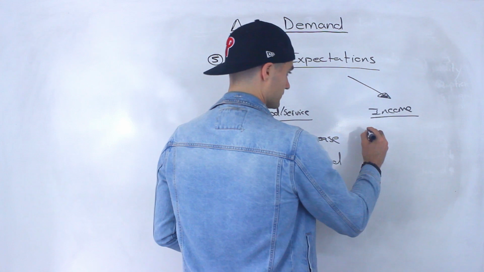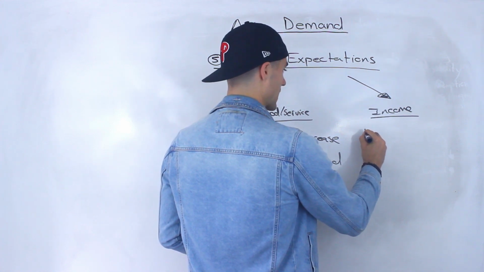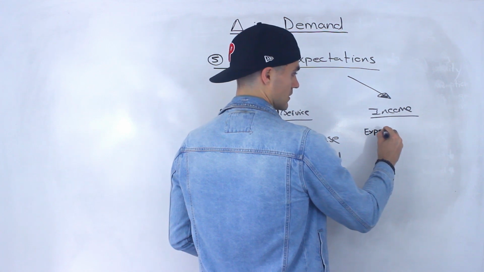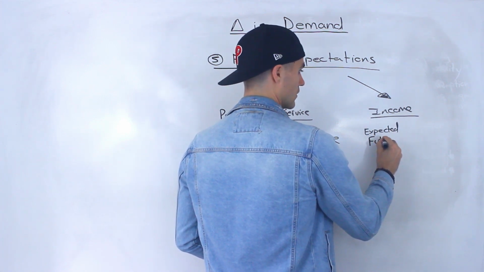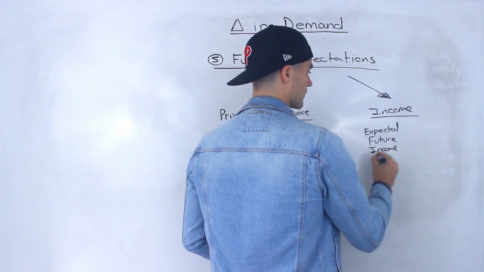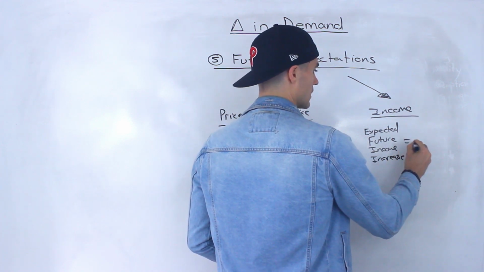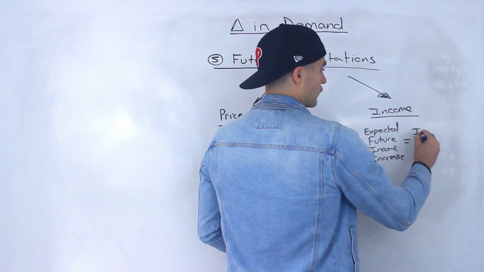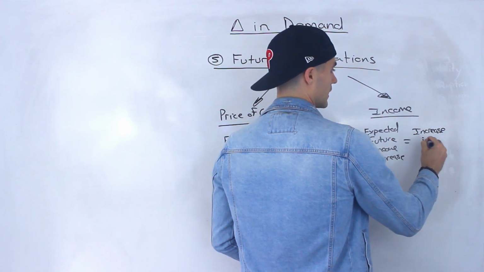Now, income, pretty intuitive as well. If there's an expected future income increase, if you're pretty confident that your income is going to increase, then for most goods and services, there's going to be an increase in demand.